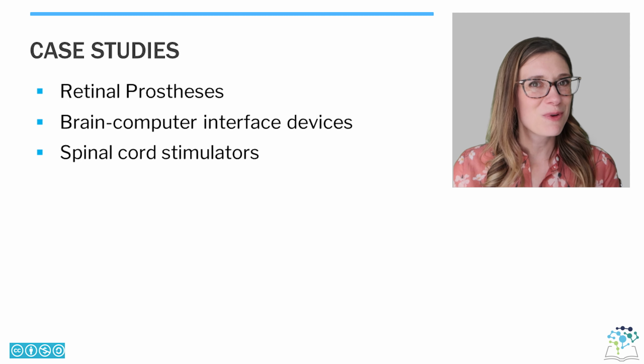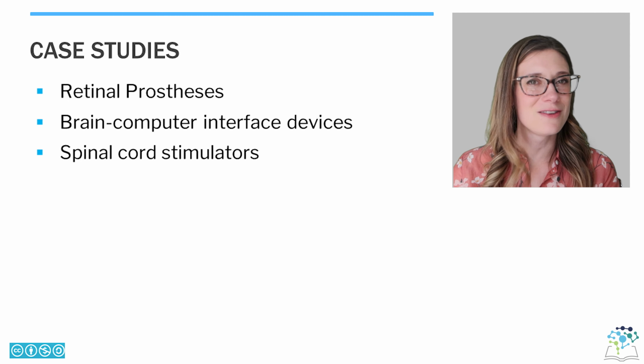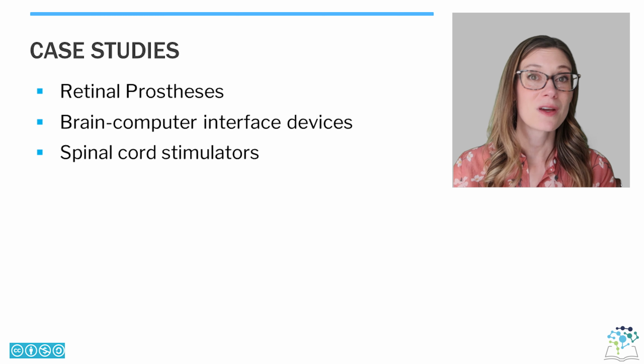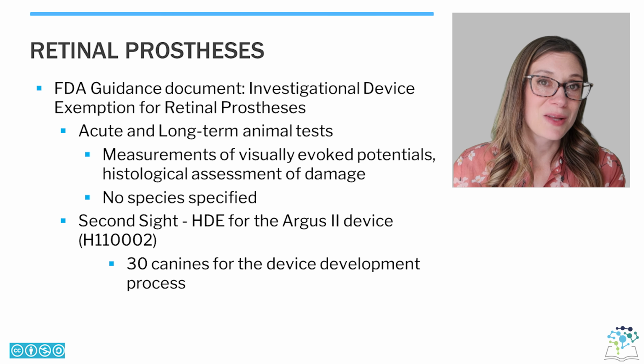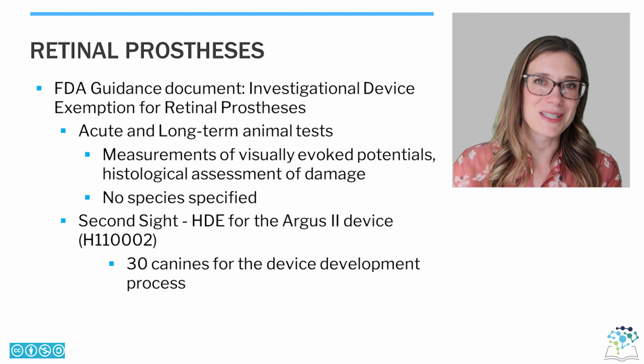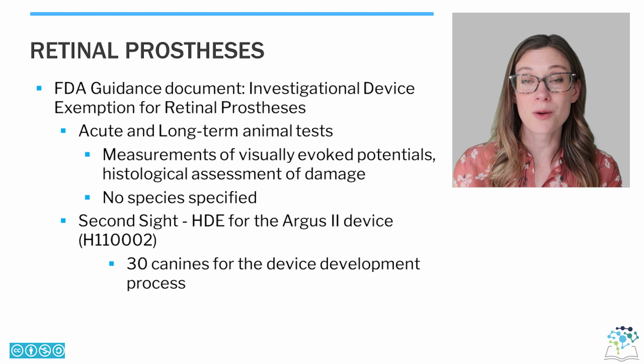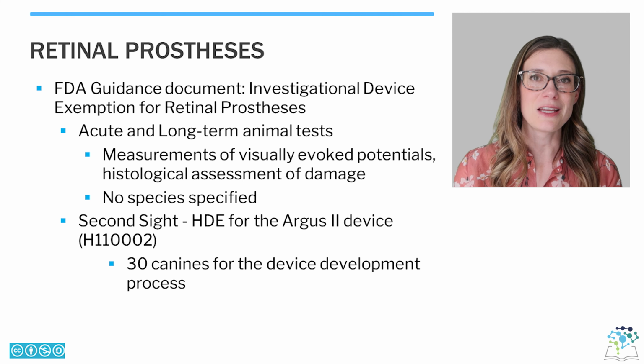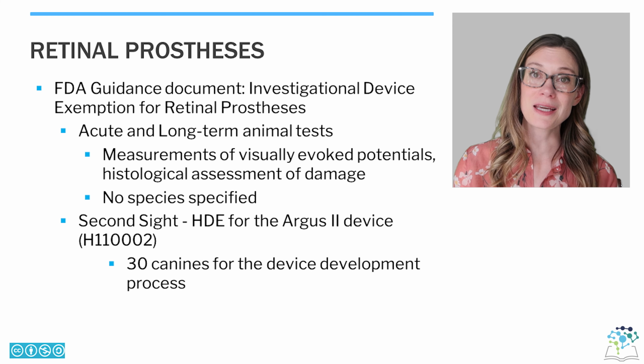However, as I mentioned before, this guidance document does not specify which species these tests should be conducted in. So another source of information that we can use to investigate retinal prostheses is to actually look at the summary documents for an approved device. This is the Argus 2 device from Second Sight. I provided the link to this summary statement in the last slide.